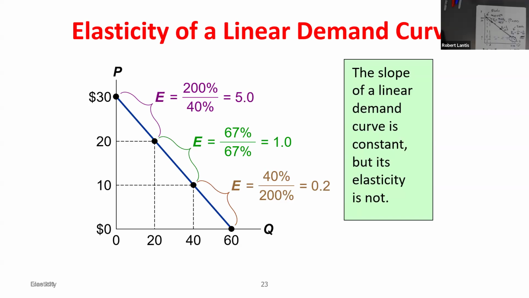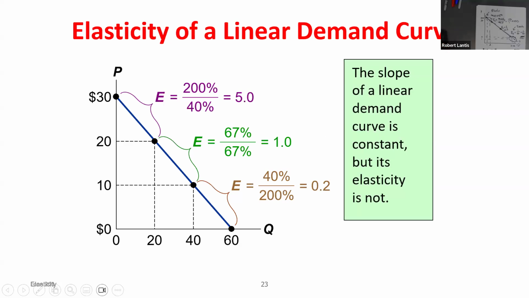Once again, you could reproduce these values using these numbers. That same $10 decrease was the same change in price, but as I move down my demand curve, it represents a larger and larger percentage change. Because that percentage change in price is in our denominator, 40, 67, 200, our elasticity of demand becomes more and more inelastic from that same $10 decrease. Okay.